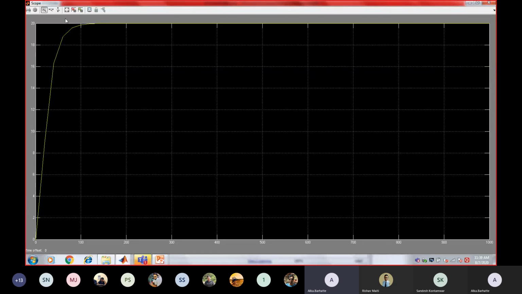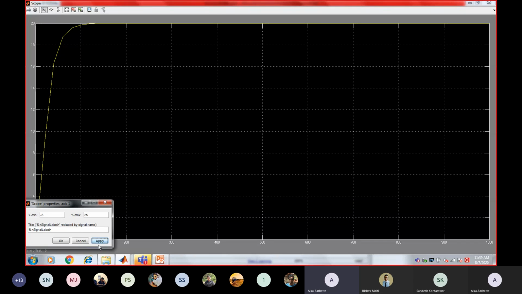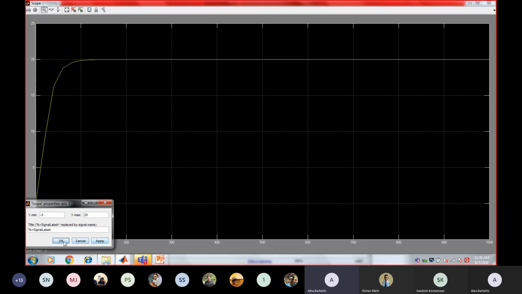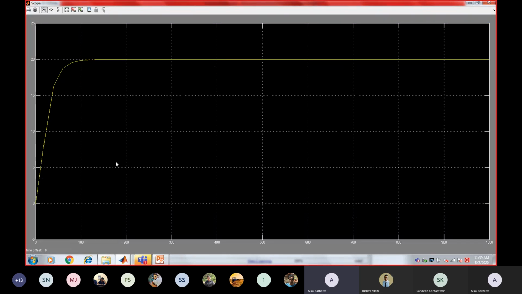We are expecting a constant 20 meter per second output, and that we have obtained using our model. Okay, and this is considered as the ideal model where there are no disturbances.